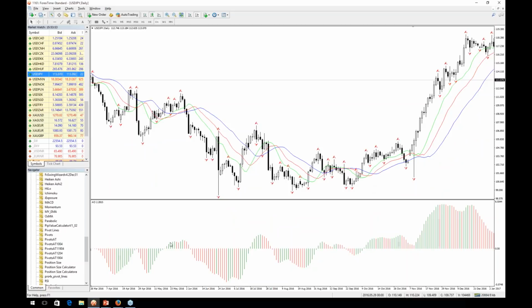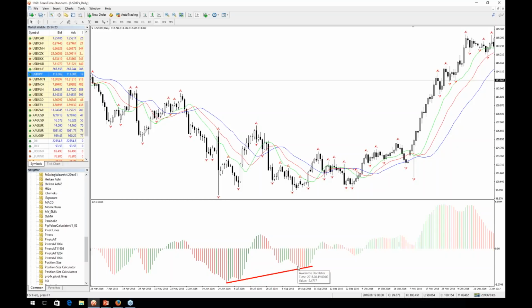Now, since the awesome oscillator is below the zero line, and as one of our colleagues here suggested that there was a divergence, like in this case here, do you see the divergence here? For those of you who are familiar with divergence, it implies that this downtrend is coming to an end.